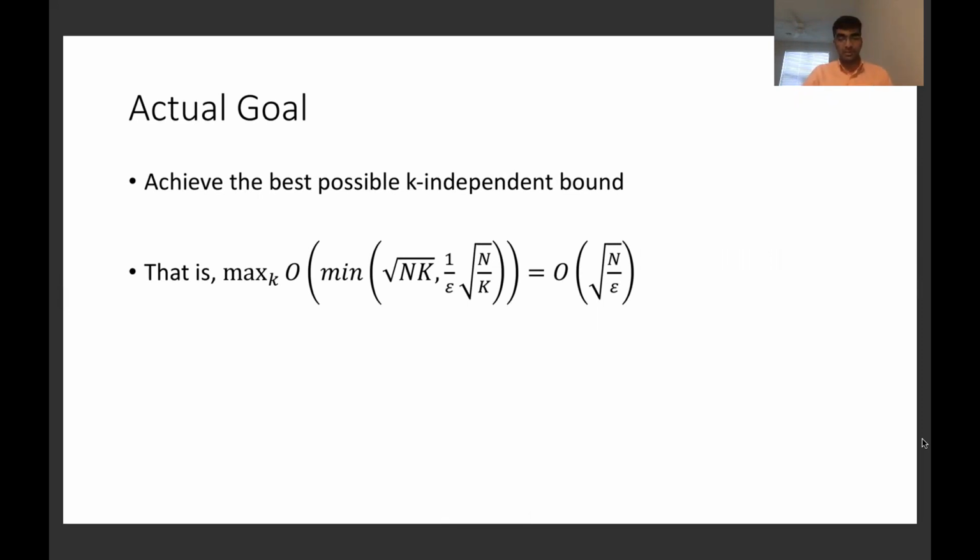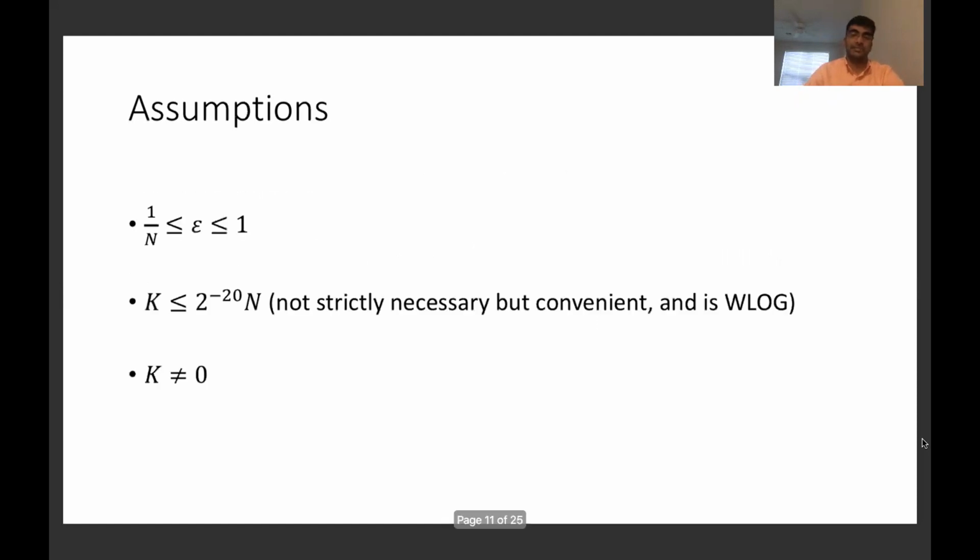And now we'll proceed to show an algorithm that achieves this query complexity using non-adaptive Grover iterations. Before that, first, let's state some assumptions. We assume that epsilon is at least 1 over n, because the case of 1 over n is exact counting, and so going below doesn't make any difference. We also have this assumption that k is at most 2 to the minus 20n, which seems like a very strict assumption, but first note that it is without loss of generality, actually, because we can always pad n to have a bunch more dummy inputs that all map to 0.